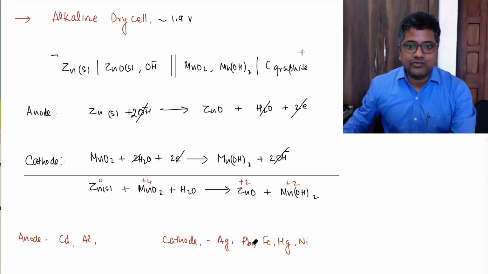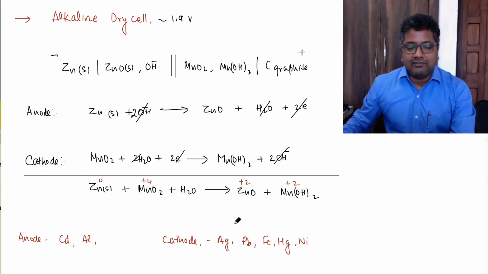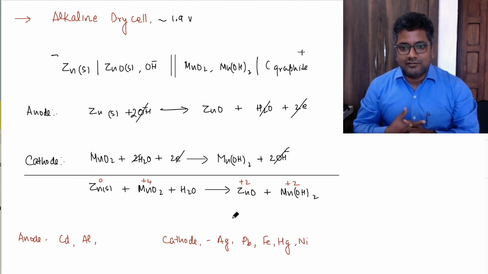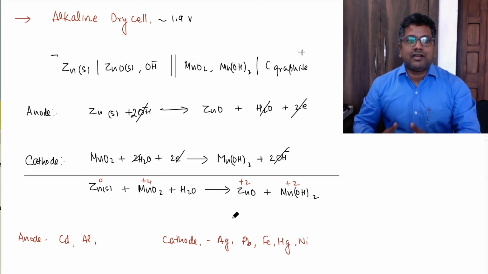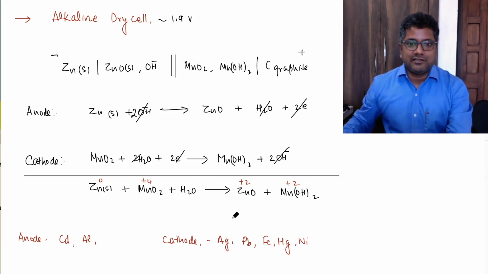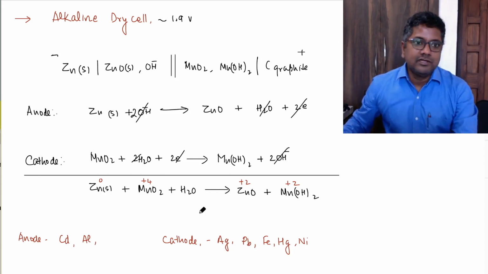But along with this purpose, the usefulness of converting chemical energy into electrical energy, economics is also an important factor. Pricing is also an important factor. So this is the dry cell, right?